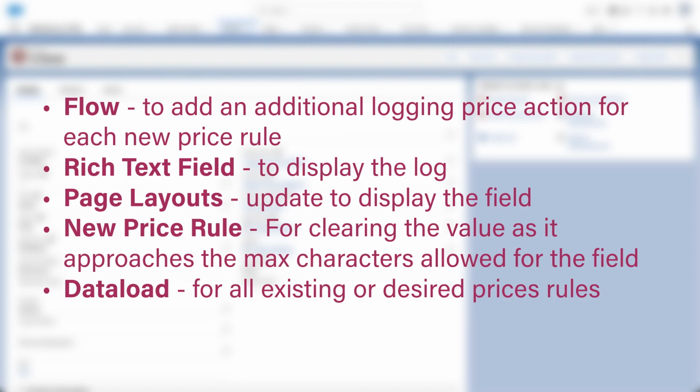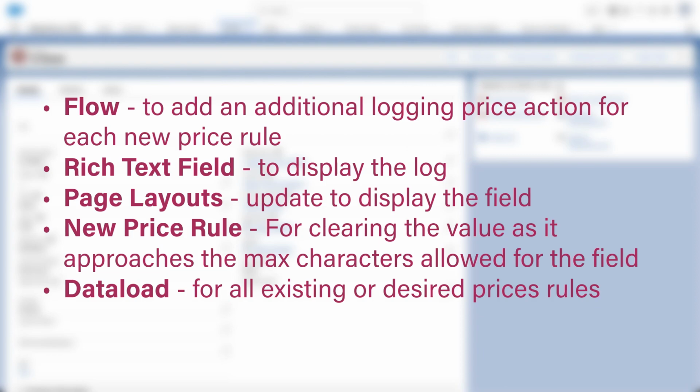Okay, let's go over the components involved in this altogether. We have the flow, which we looked at. It's responsible for adding an additional price action to each new price rule, so that handles going forward. The rich text field is the field we were looking at that displays the ordered list of items that serves as our log. Page layouts: in our case, we looked at updating a Lightning page and having a section just for that field.